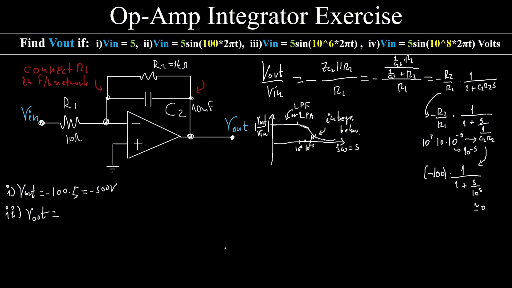So that means that again, what I have is minus 100 times this signal. So 5 times I sine of 100 times 2 pi t, which is nothing but minus 500 times this sine. And this is in volts. So again, we see how prevalent is this low pass filter or amplifier behavior.